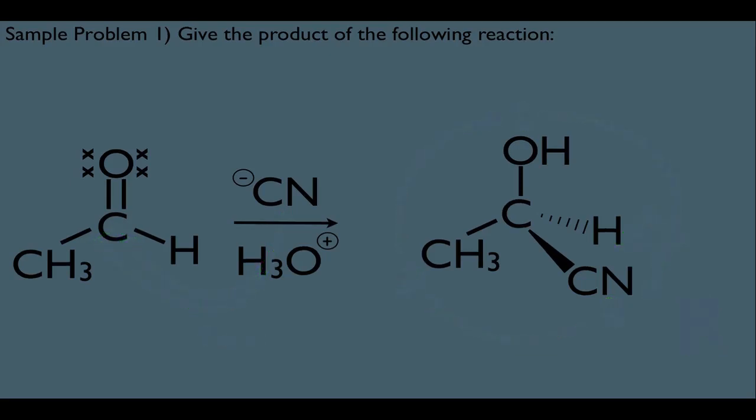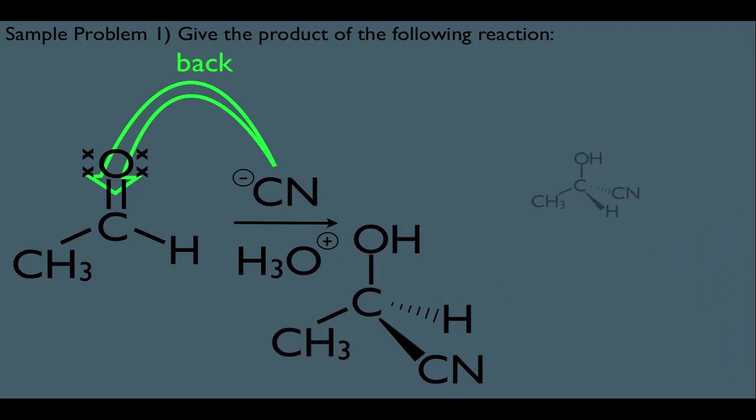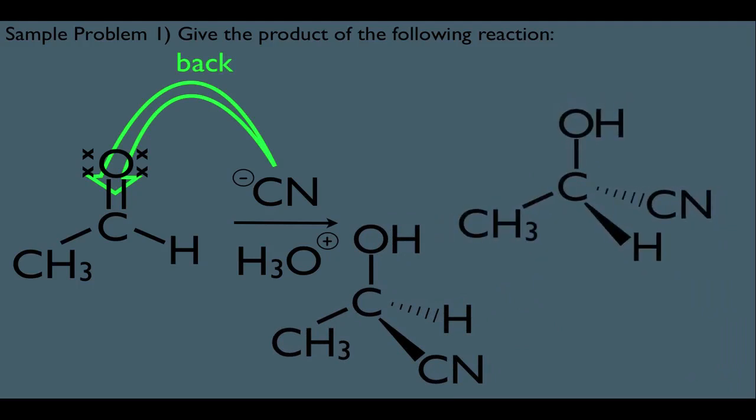But remember, that's not the only possibility. The CN can also attack from the back. If that happens, we should know that we end up getting this as a result. Our product clearly shows our CN on the back side. But let's make sure, is this product different than the one that we previously got? Well, again, setting priorities, this is priority 1, the CN is still priority 2, the methyl is 3, and the H is still 4.